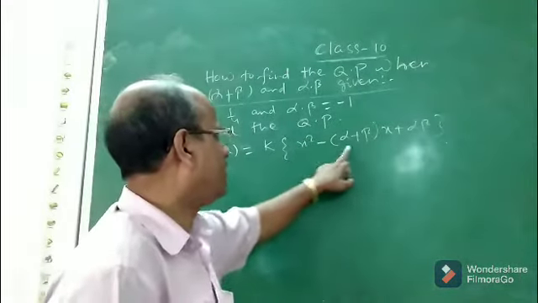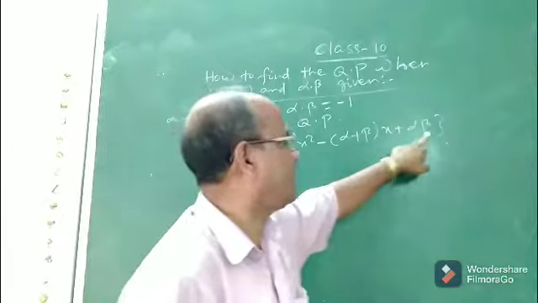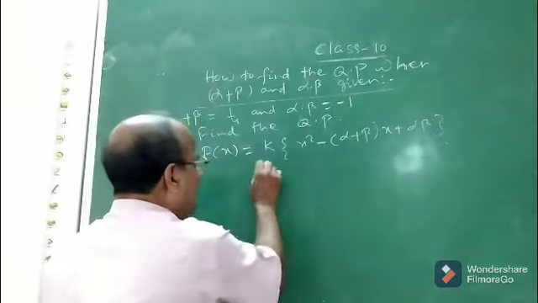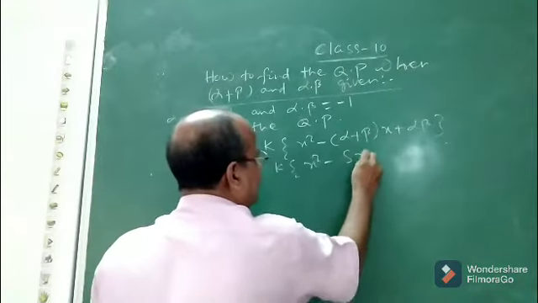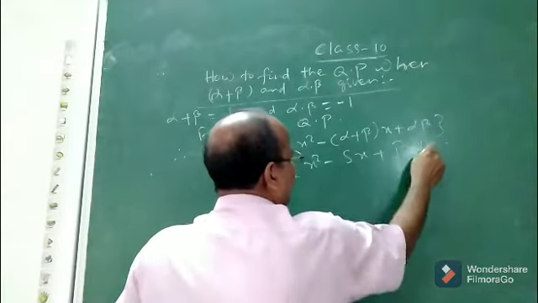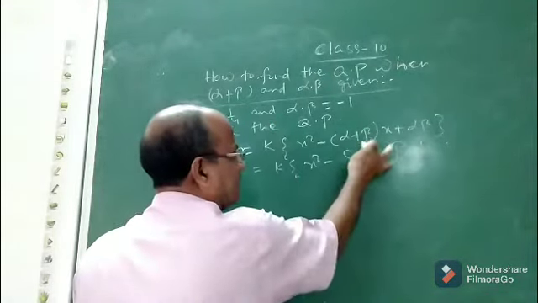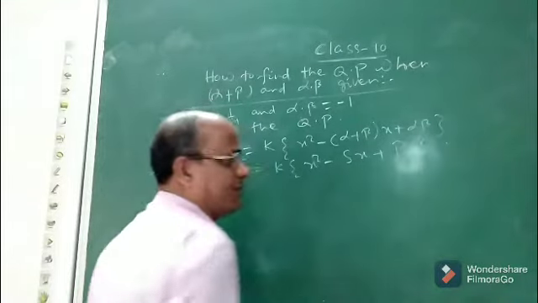That is, x square minus sum of zeros into x plus product of zeros. We can also write it as k into x square minus s x plus p, where s is the sum, alpha plus beta, and p is the product, alpha into beta.